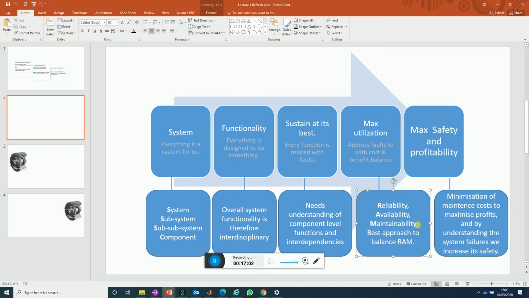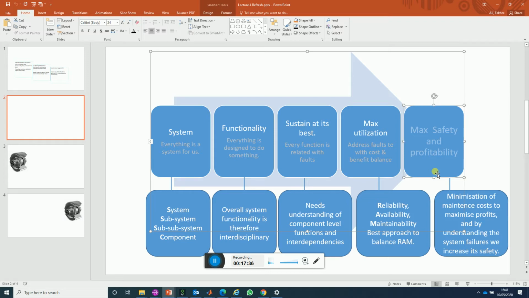All these three are coupled together. High reliability will give you higher availability, and high availability can only be achieved when you have high maintainability for a system. And the whole reason why we do this is, for example in the fuel system context, we don't want the fuel system to fail and stop supplying fuel to the engine.